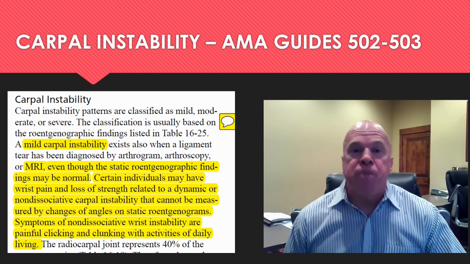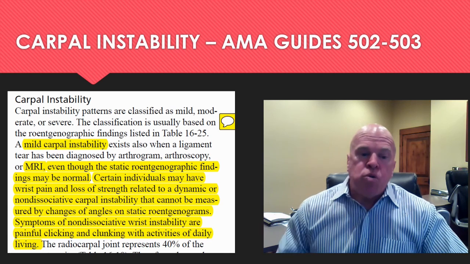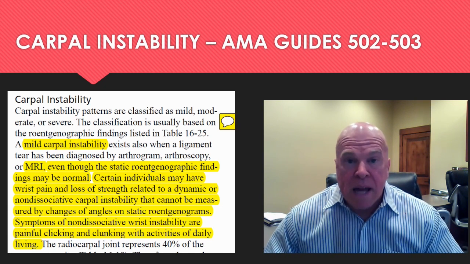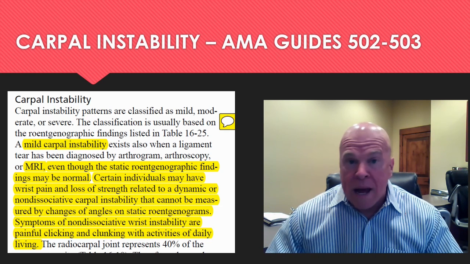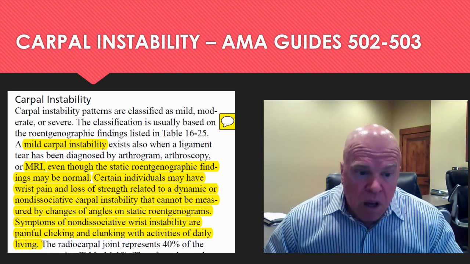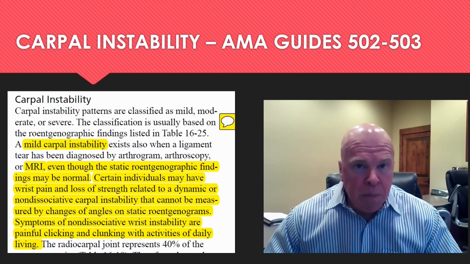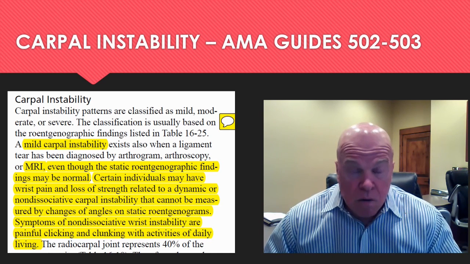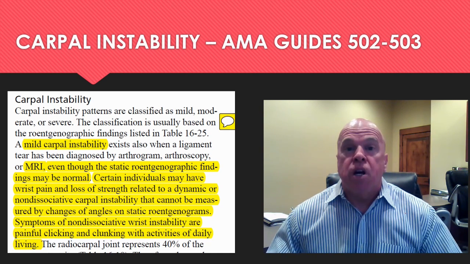In addition to that exception, usually these impairments are diagnosed on X-ray, but an exception is when the examinee is diagnosed with a ligament tear on MRI or arthroscopy. Another exception refers to certain individuals who have wrist pain and loss of strength related to a dynamic or non-dissociative, we'll talk about that in a minute, a non-dissociative carpal instability that cannot be measured by changes of angles on static roentgenograms. So here's another exception.